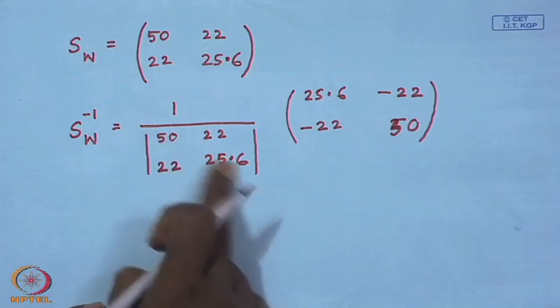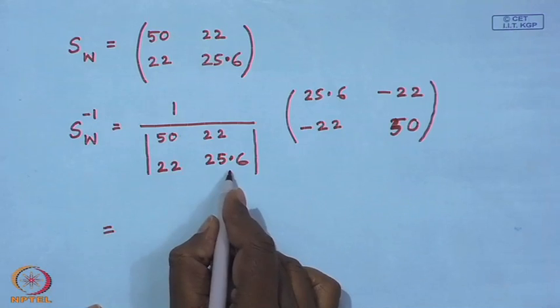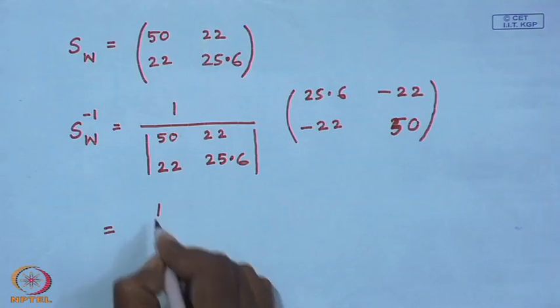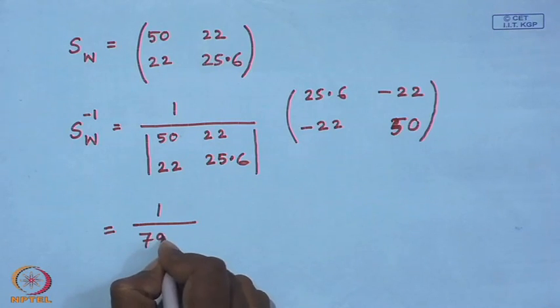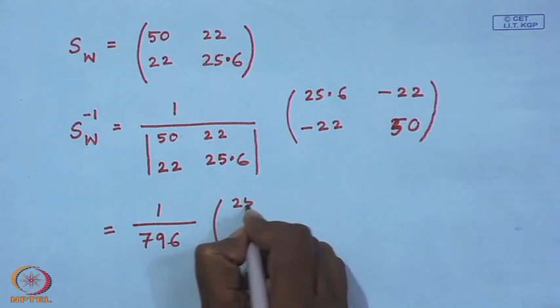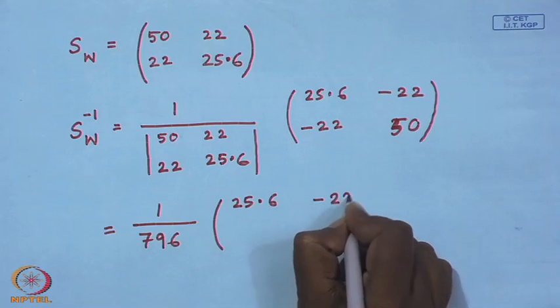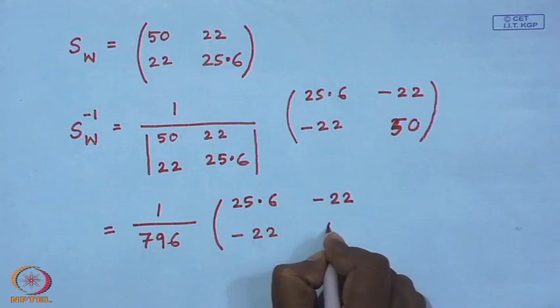And if you compute this determinant, you find that it is 50 into 25.6 minus 22 into 22, which comes out to be 1 over 796 into 25.6, minus 22, minus 22, 50.